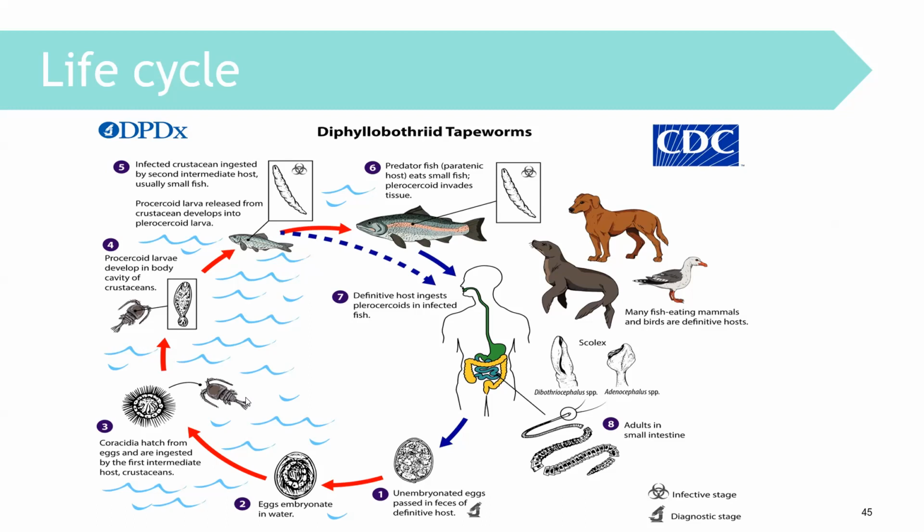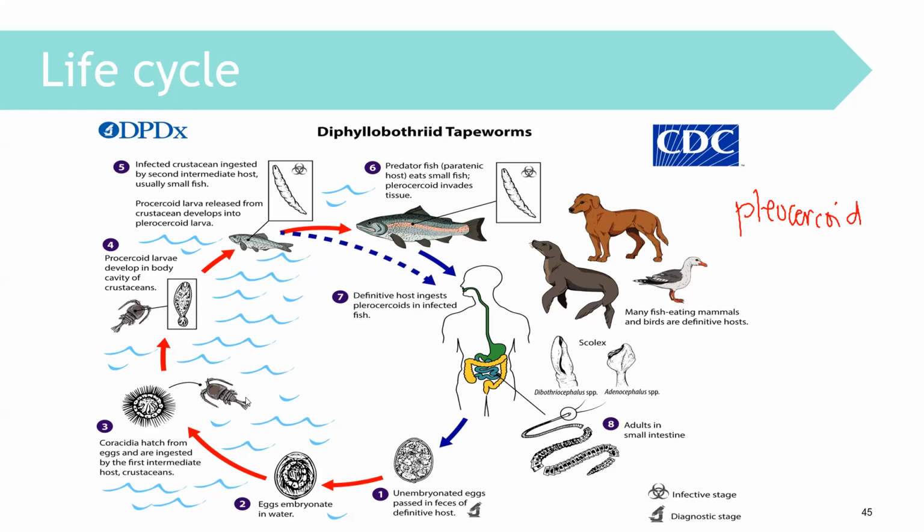The procercoid larvae released from the crustacean develops into the plerocercoid larvae, which is considered as the infective stage. Take note, the plerocercoid larva is considered as the infective stage of the parasite.